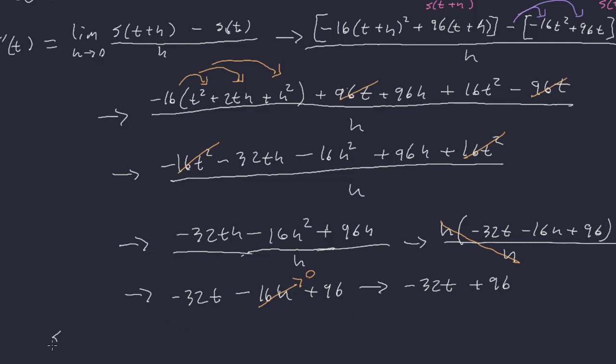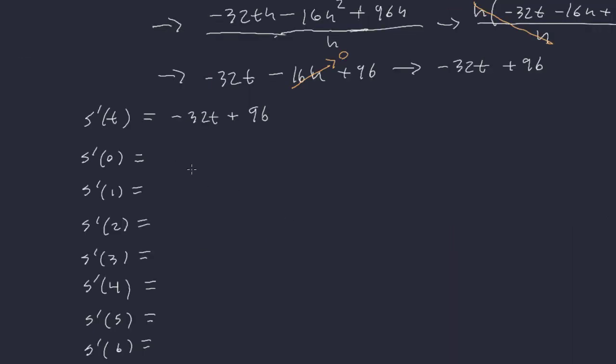All right, so yes, that was a lot of work. However, we only had to do it once, because what we found is that s prime of t is negative 32t plus 96. So now we can calculate some instantaneous rates of change or derivatives really quickly. s prime of 0 is negative 32 times 0 plus 96, so that's going to be 96 feet per second.